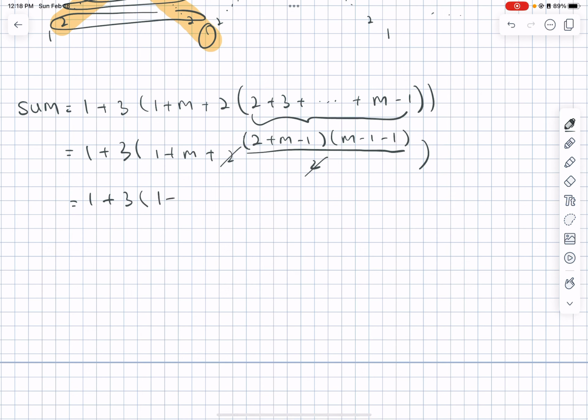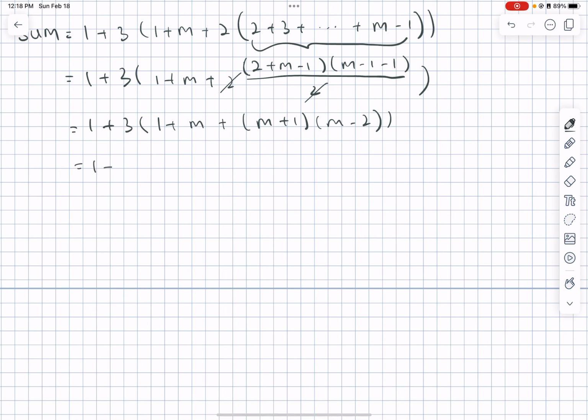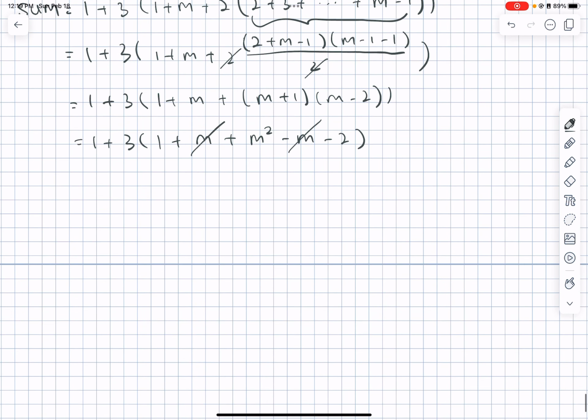1 plus 3 times 1 plus m plus 1, m minus 2. So we'll expand the terms in the m plus 1, m minus 2. That's going to give us plus m squared minus m minus 2. So these 2 plus m minus m will cancel out, and it's going to be 1 plus 3 times m squared minus 1.